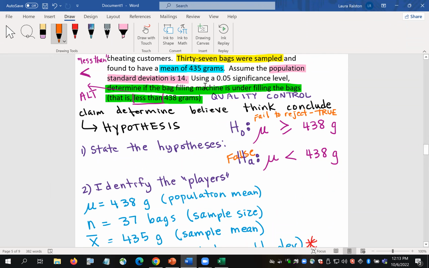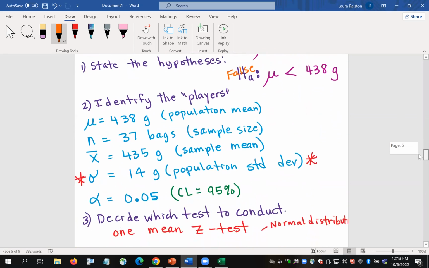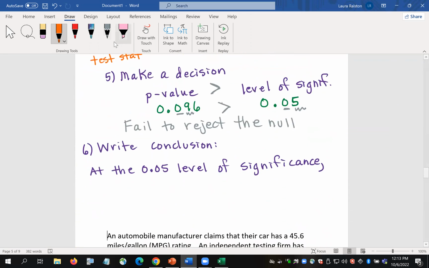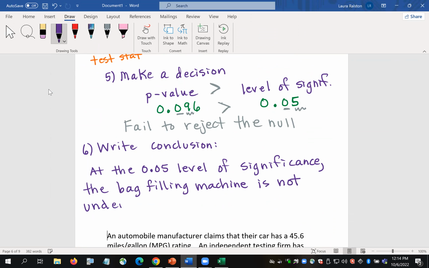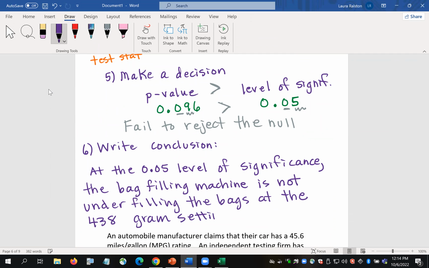There's a variety of ways you can say it. If I use this same statement that was in my problem, I could say at the 0.05 level of significance, the bag filling machine is not underfilling the bags at the 438 gram setting.